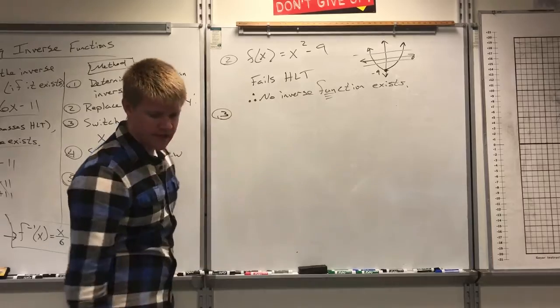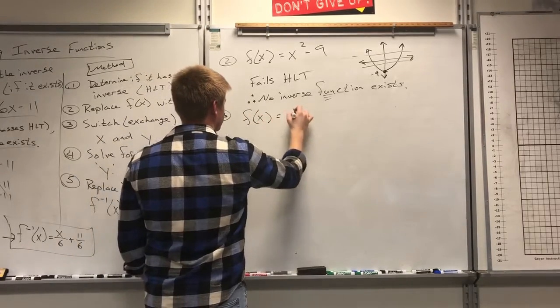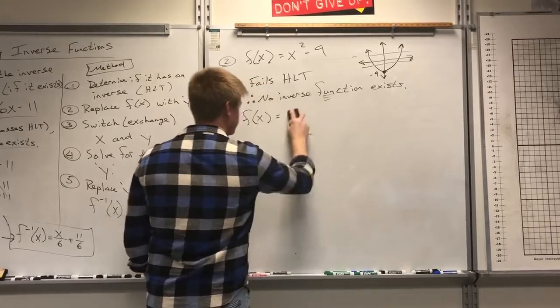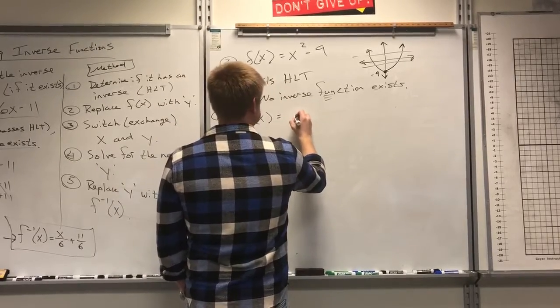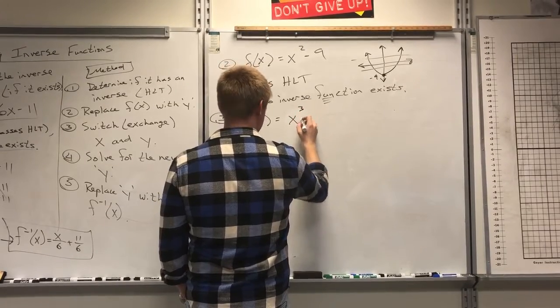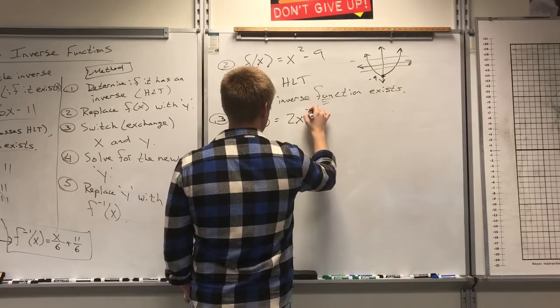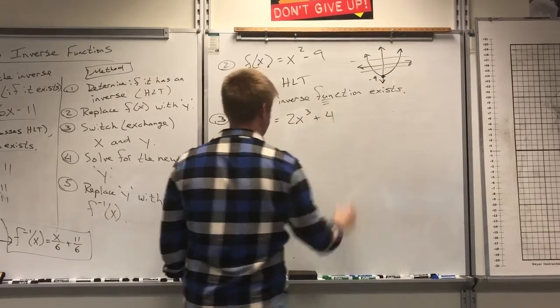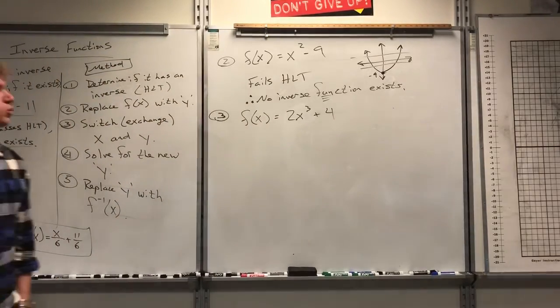To wrap up, one last example. f of x is equal to 2x cubed plus 4.